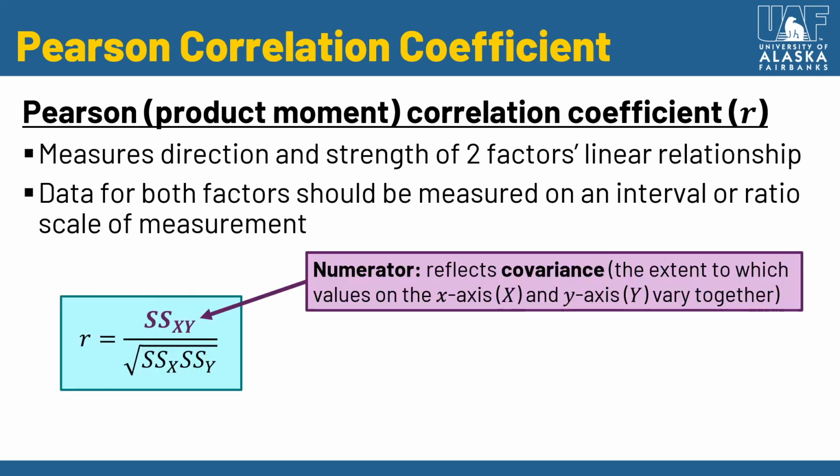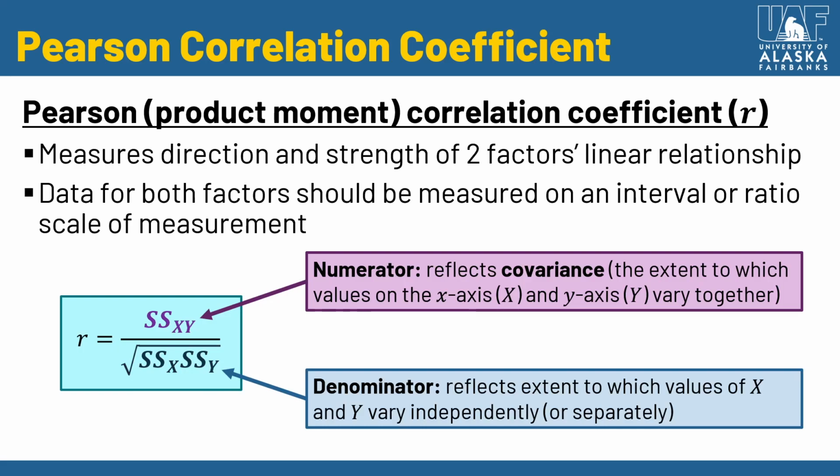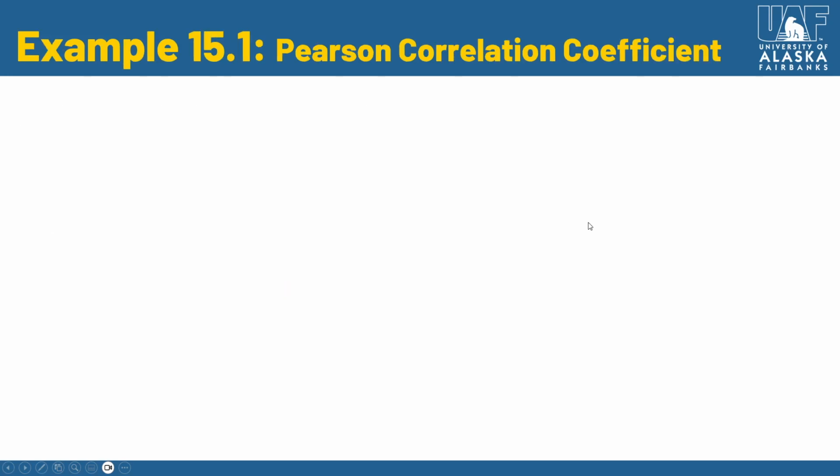The numerator reflects the covariance, or the extent to which the values on the x and y axis vary together. And the denominator is the extent to which they vary independently. So kind of like an ANOVA, which was a measure of between groups to within groups variance. This is similar: how much they vary together versus how much they vary independently or separately.